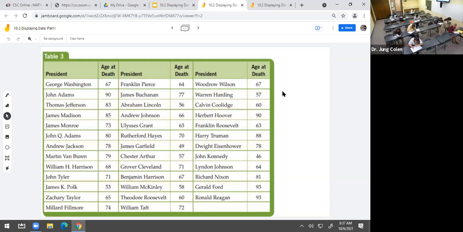I think that's really a good idea to write them down in order. Yeah. I like Morgan's idea. What she did is she rewrote the numbers in order.